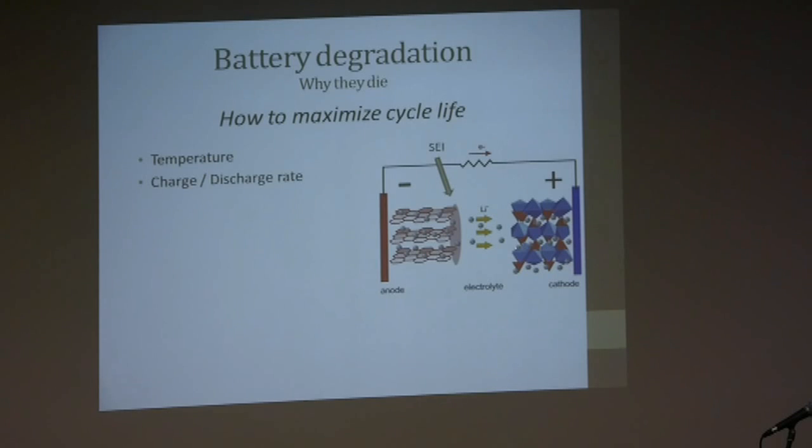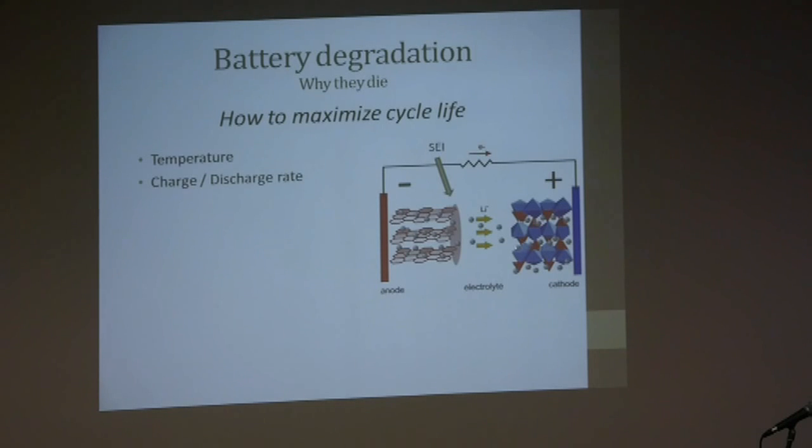Let me see. Charge and discharge rate. How quickly do you charge them? Now, you'll talk about fast charging, but if you have the time at night to charge them slowly, then it's better for batteries to charge them slower, in 4 to 6 hours. That's good.